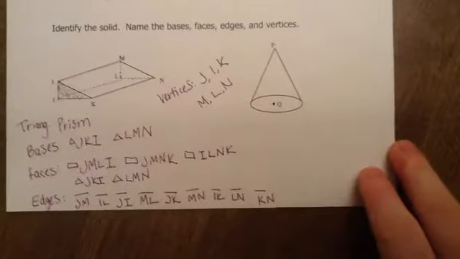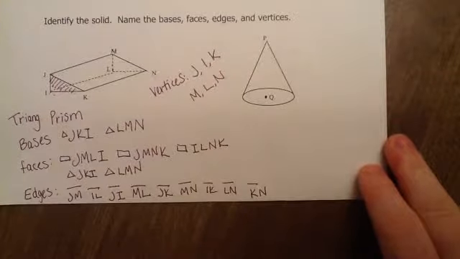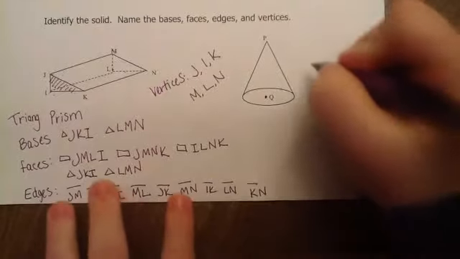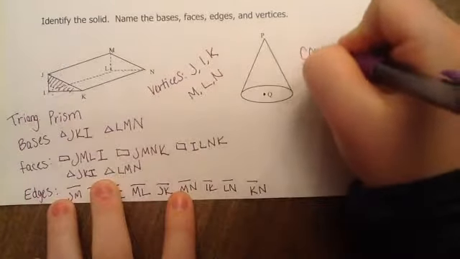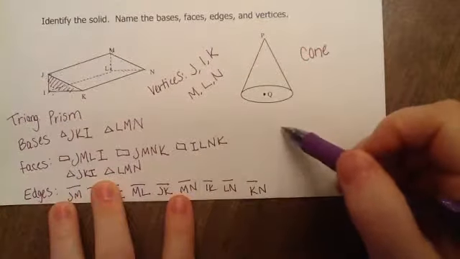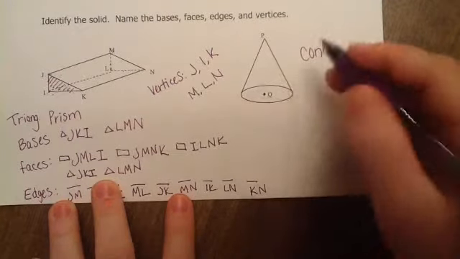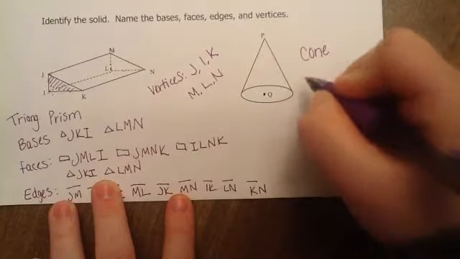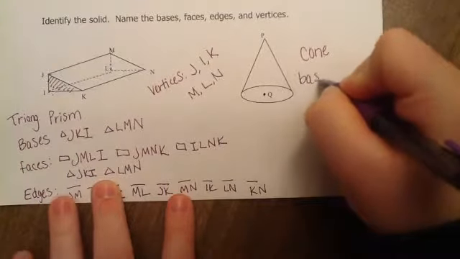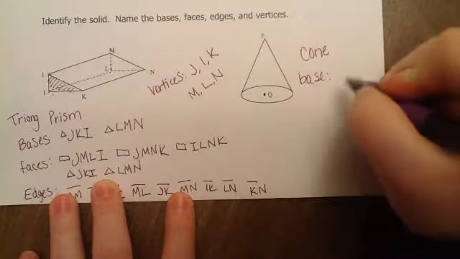Cones are a little bit easier because there are no sides to a cone. So this name is a cone. There are no sides, but there is a base. That is that bottom. What is the shape of the base?